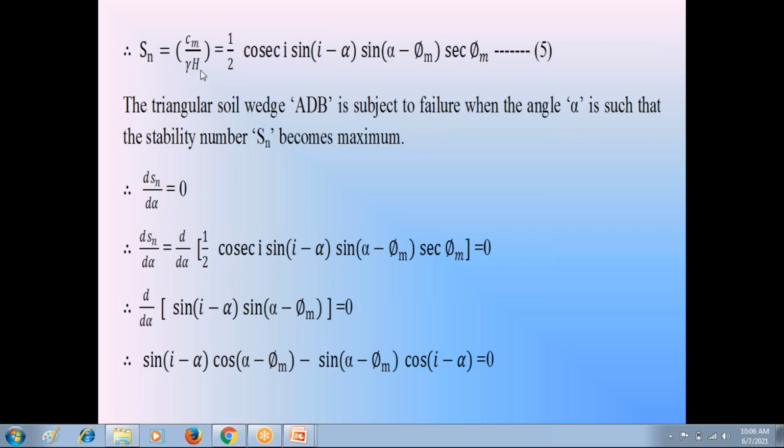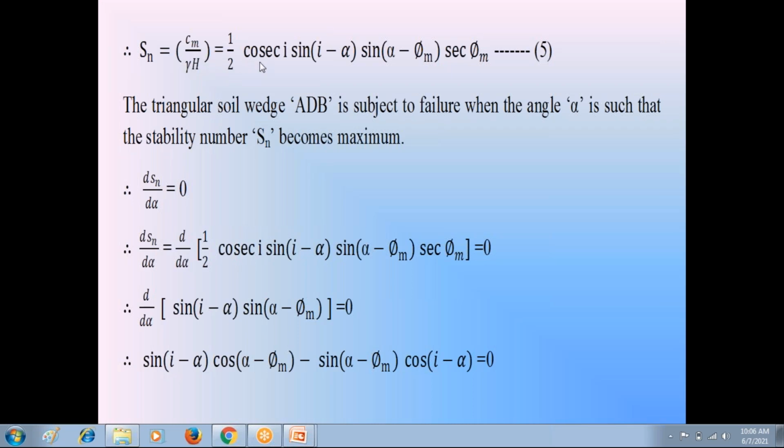In the Kalman's method, our aim is to find the equation of this maximum height h. Here Sn is equal to Cm by gamma h, Cm the mobilized cohesion per unit length, gamma the bulk unit weight of soil, H the vertical height of the soil slope. We are going to prepare the equation for this vertical height H.